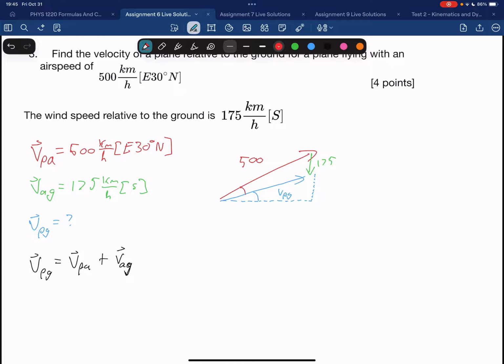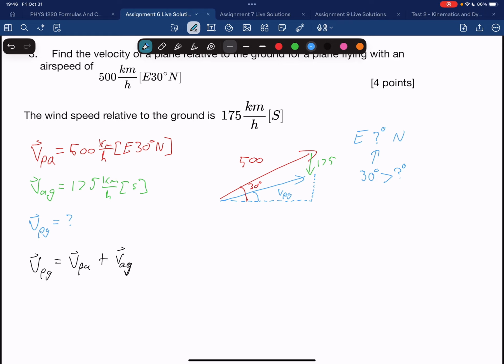I know that this angle here is 30 degrees. So I know whatever my angle is, it has to be less than 30 degrees. I also know, just from drawing this, that my angle is going to be something east, some amount of degrees north. And I know that this is going to be less than 30 degrees. So, question mark degrees is less than 30 degrees.